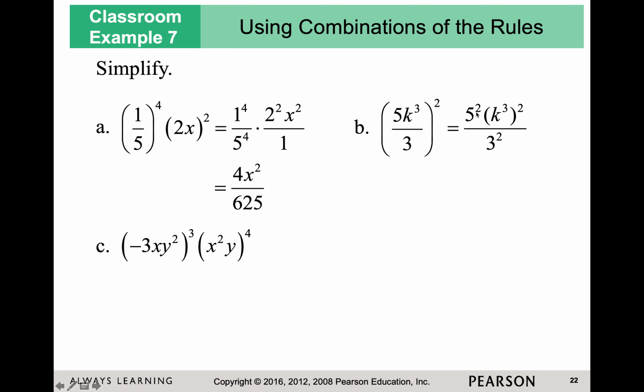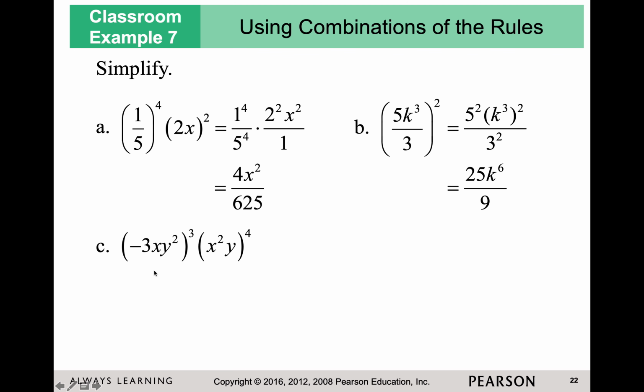That means the 5 gets a 2, the third power gets a 2, and the denominator also gets a 2. I can figure out 5 squared in my calculator, and then for k to the third squared, I have a power rule for that. I'm going to do 3 times 2, which is 6.